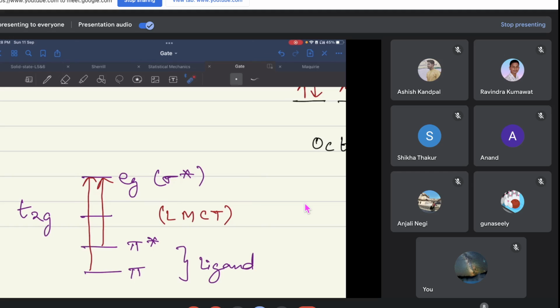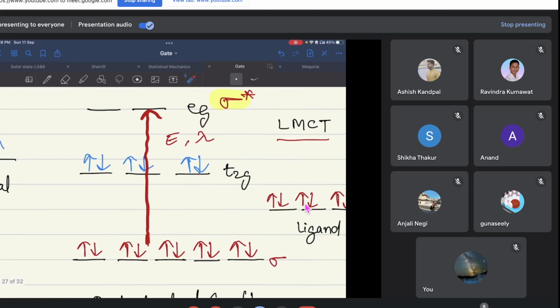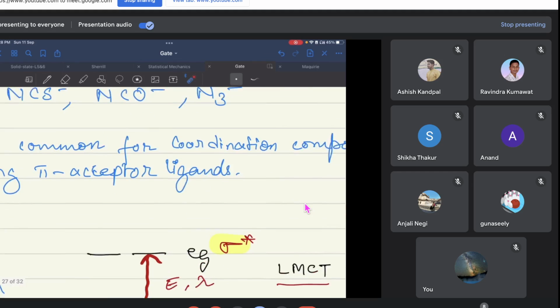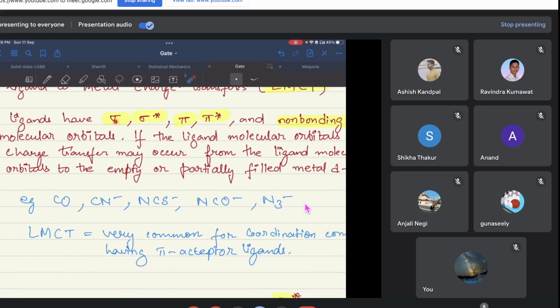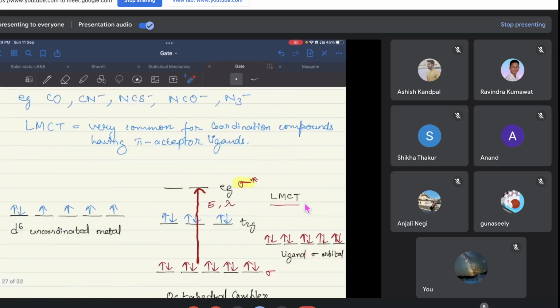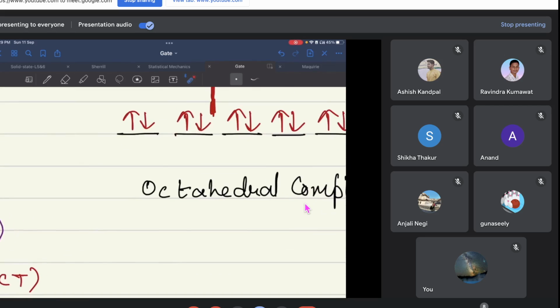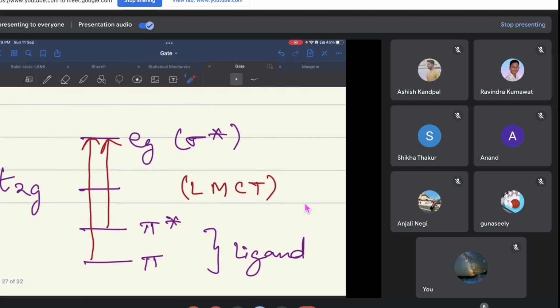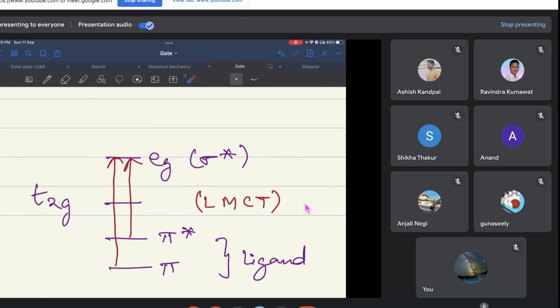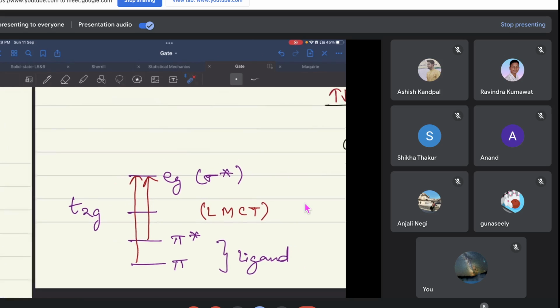Also, the transition that I have shown here is from the sigma, but it can take place from either sigma or pi to the sigma antibonding or pi antibonding. For example, here the transition can take place even from the full pi orbital or full pi antibonding to the eg sigma antibonding, correct?